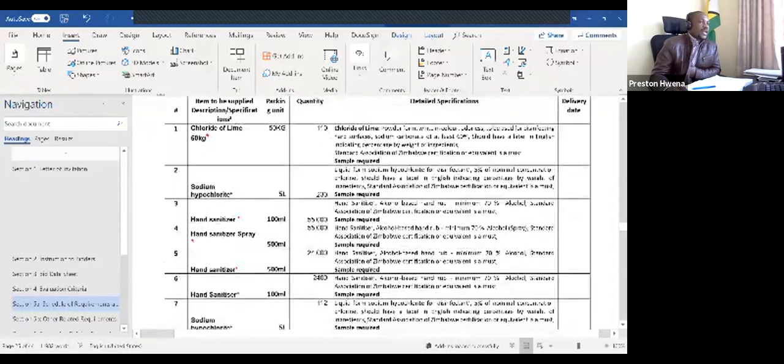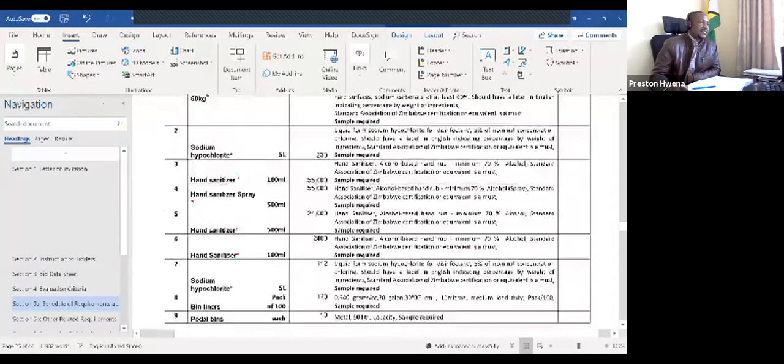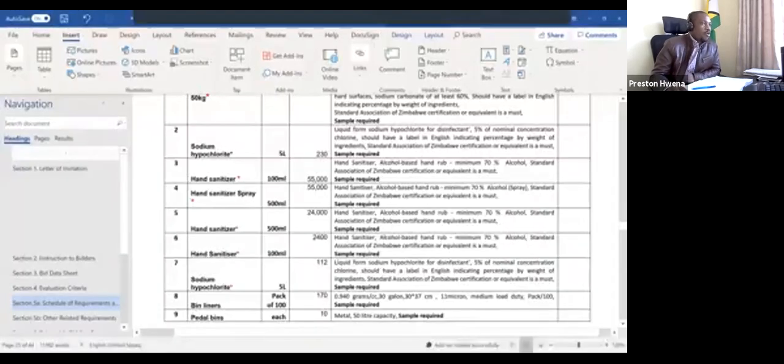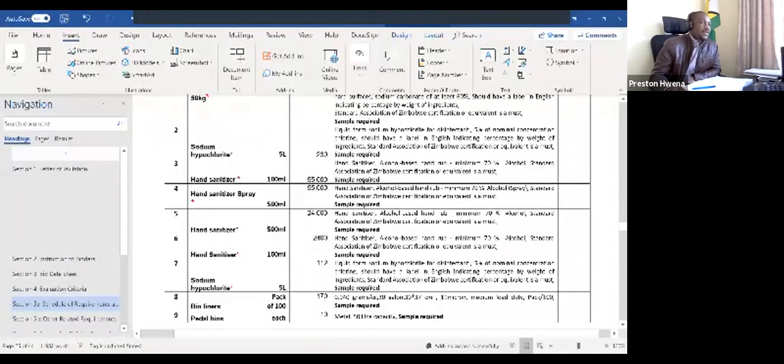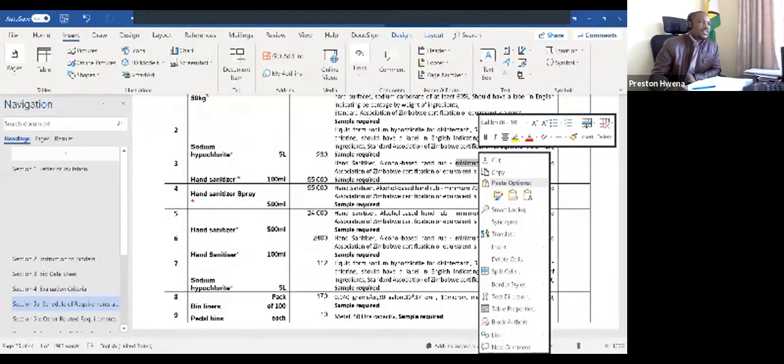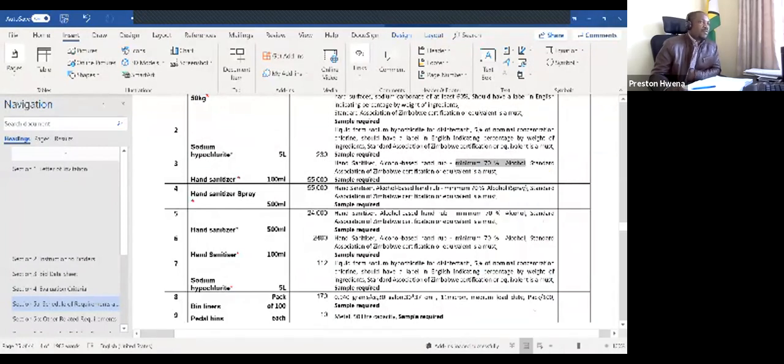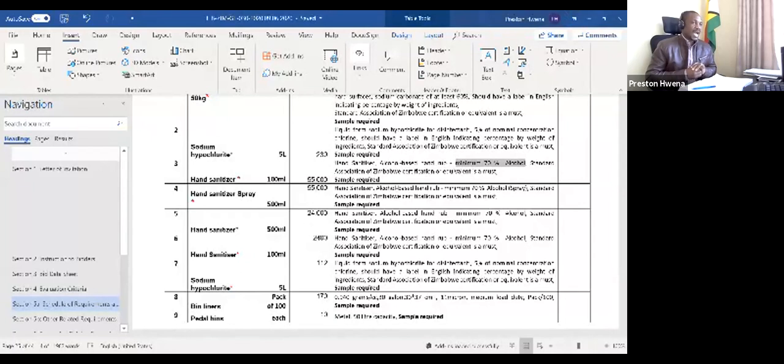Then in terms of hand sanitizers, we are looking at alcohol-based hand rub with a minimum of 70% alcohol. So make sure that your sanitizers have got 70% minimum of alcohol, because I know there are a lot of sanitizers on the market, but if yours doesn't have 70% minimum of alcohol, please don't waste your time.